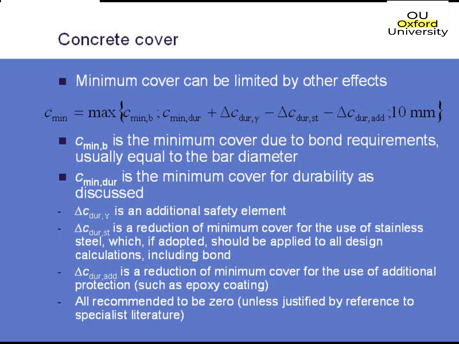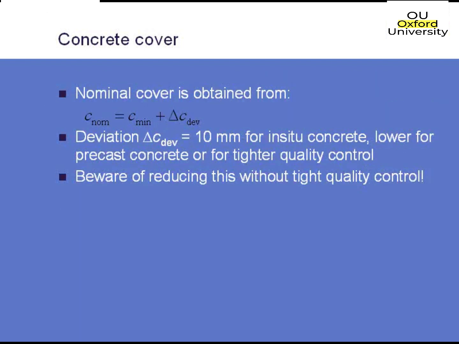So once you've got your nominal cover, you then also add on this delta C dev, which is recommended to be 10 millimeters for in situ cover. Where you have tighter quality control, you can justify that delta C dev can be decreased.